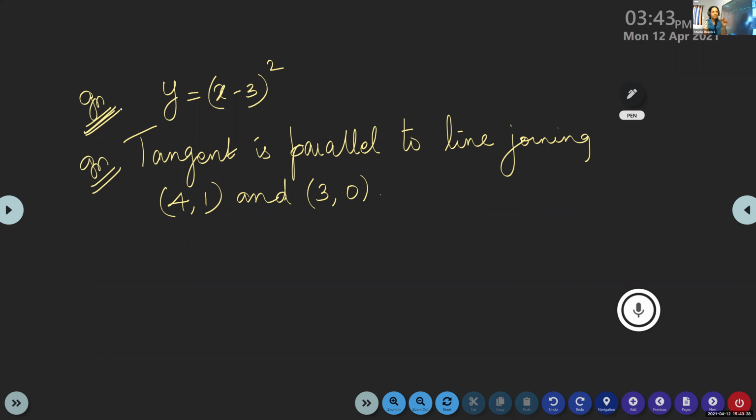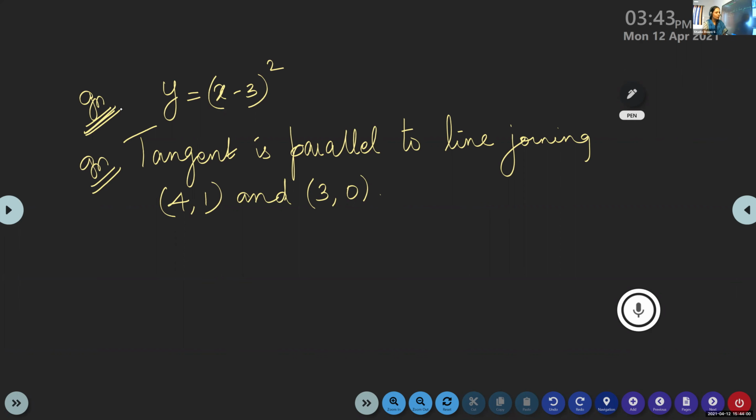Now my question is, listen, Aishwarya. Is it needed to find the equation? Two points are given. Can you find the slope? Is it needed to find the equation and then find the slope?